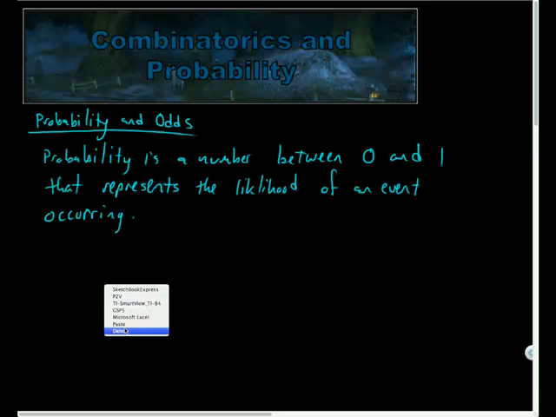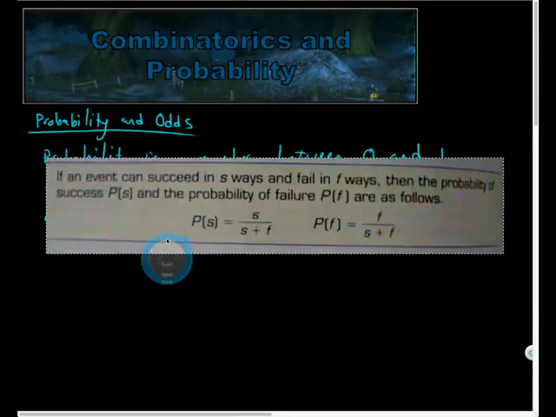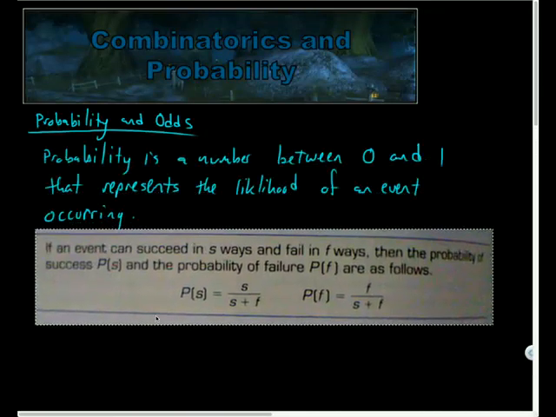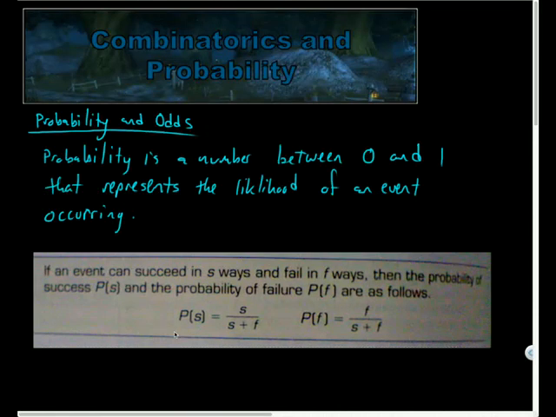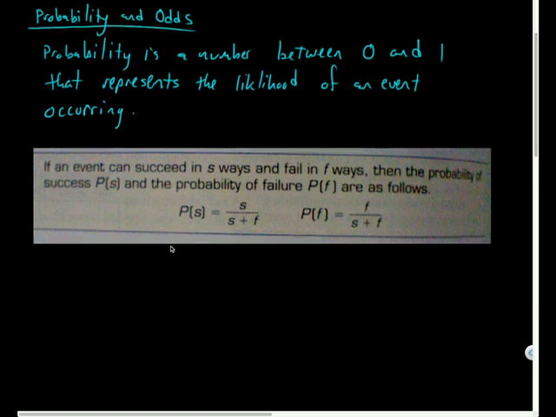So, the probability of success of an event occurring, if the event can succeed in S many ways and fail in F many ways, the probability of success is the number of successes divided by the number of successes plus the number of failures. Another way that I would define probability of success is the number of successes over the total, which is probably an easier way to think about it.